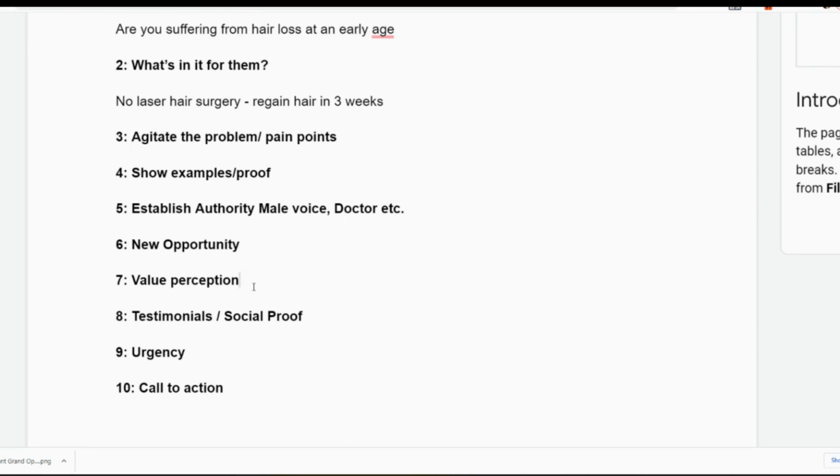They say, just this 5-second fix. They like to use that a lot. So whatever the 5-second fix is, they can just spend 5 seconds a day taking a supplement, and that's the value perception. So they're not having to drag themselves out to the gym or go for laser hair surgery and all that. Then you want some social proof in the video.